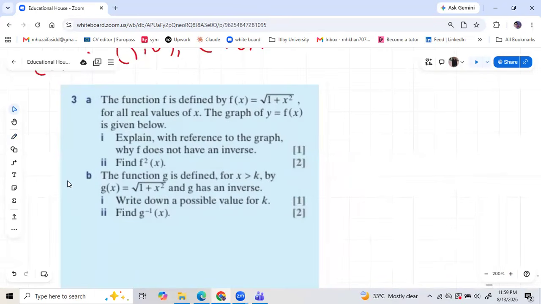Here I'm just giving you some clue points, then you can do this part.